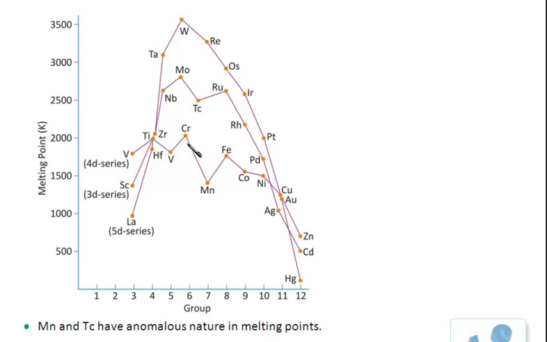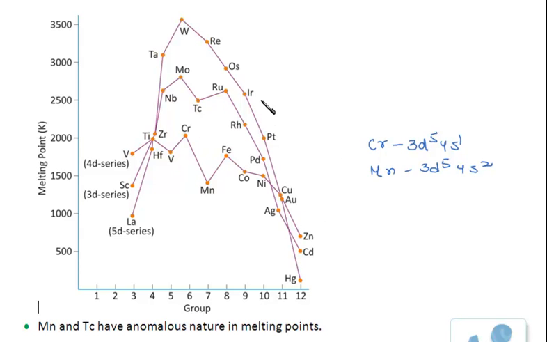But if I talk of chromium, the configuration is 3d5 4s1, whereas manganese, it is 3d5 4s2. The electrons in the s orbitals are paired. So it should decrease, but it's showing more decrease in the melting point.